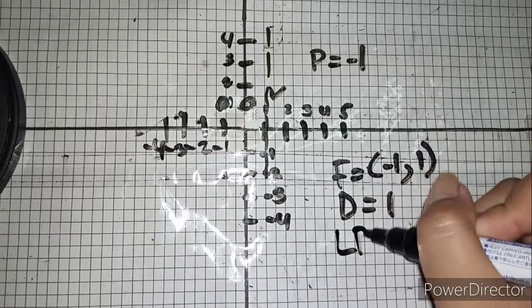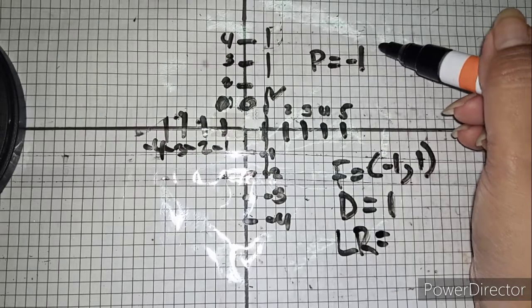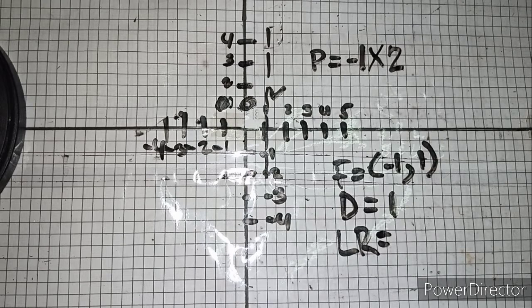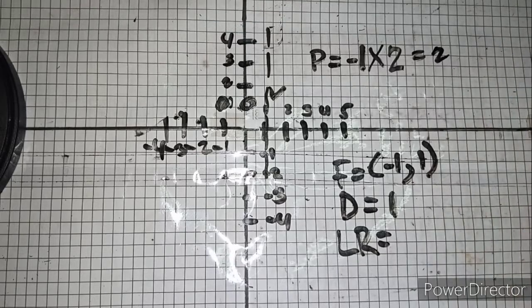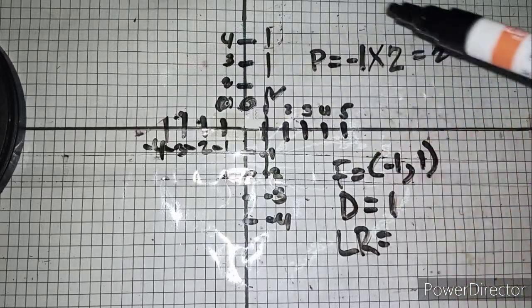And for the latus rectum, so, katulad ng ginawa natin kanina, twice nung value ng p natin, yung distance ng latus rectum natin from the focus going to the first endpoint, then focus ulit going to the second endpoint ng latus rectum. So, we have 1 times 2 is equal to 2. Okay? So, dalawang beses tayong maglalakad from the focus. So, focus, okay, baba daw tayo ng dalawa.